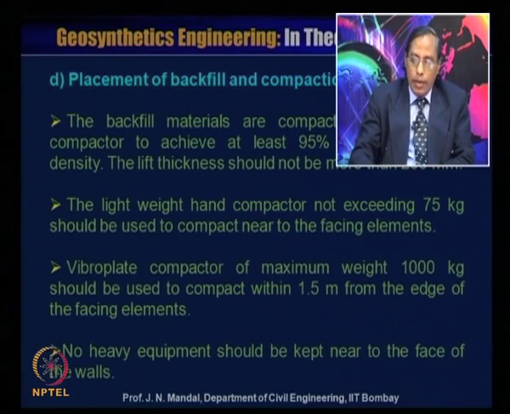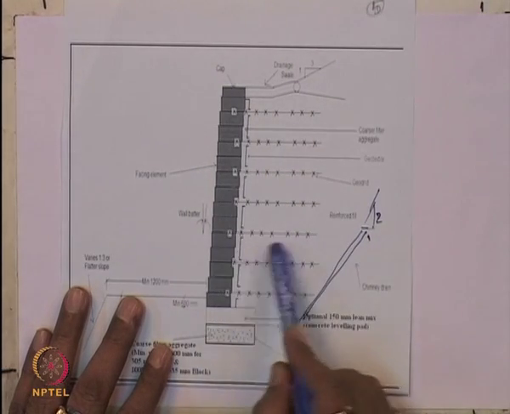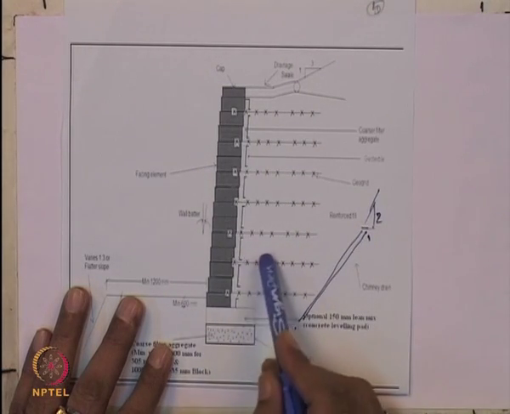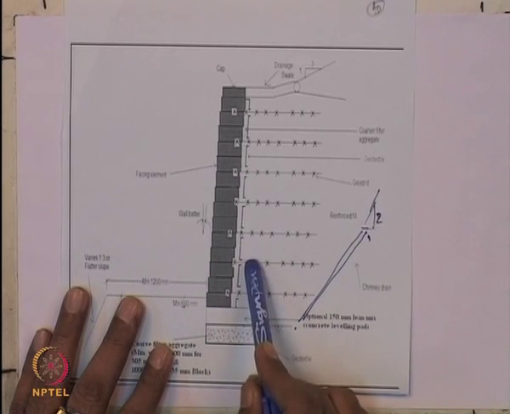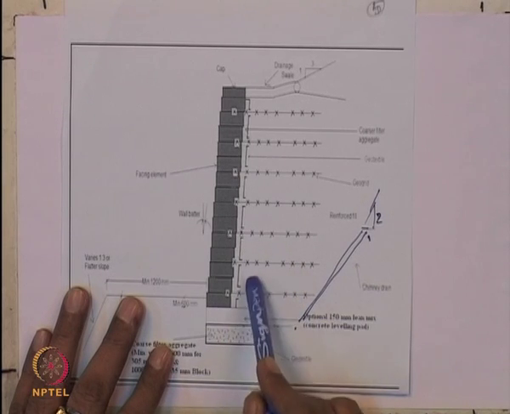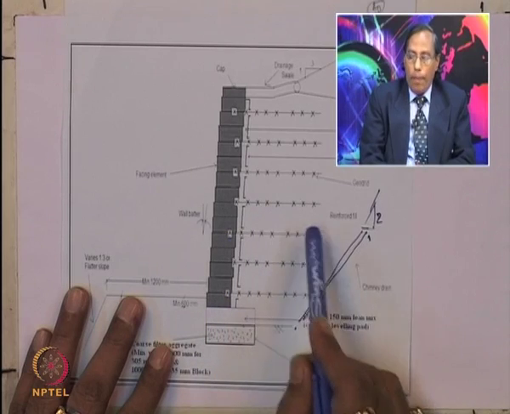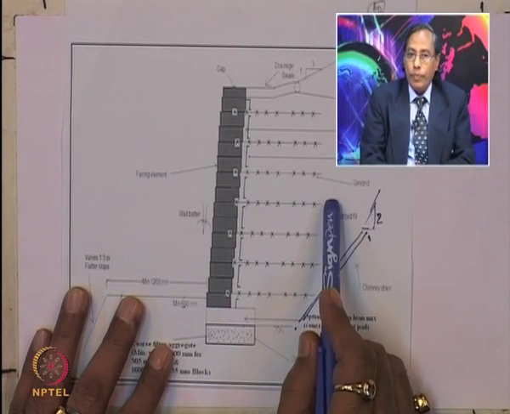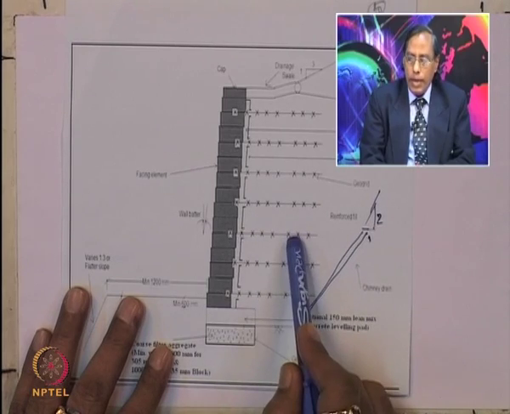And when you are compacting, like if this is the facing element of the wall, the lightweight hand compactor not exceeding 75 kg should be used to compact near to the facing element, and then the vibroplate compactor may be used 1.5 meter from the edge of the facing element.